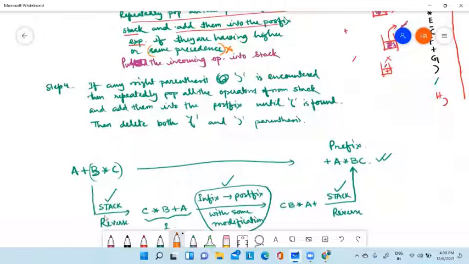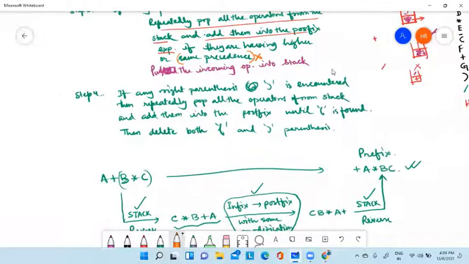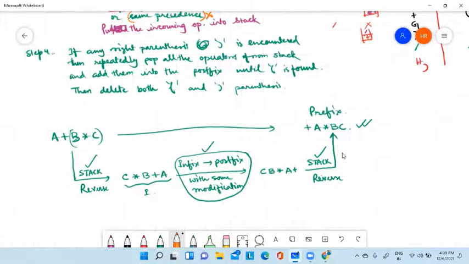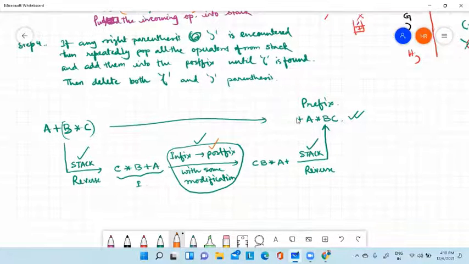Obviously, in reversed data, if you perform infix to postfix to get prefix, then don't apply this one. So in this infix to postfix conversion, if any operator is encountered, then repeatedly pop all the operators with higher precedence, not with the same precedence. Just remember this thing.